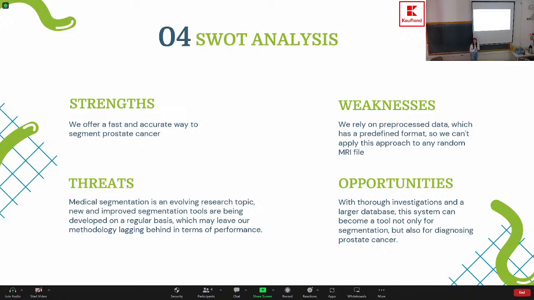New improved segmentation tools are being developed on a regular basis, which may leave our methodology lagging behind in performance. And opportunities: with thorough investigations and a larger database, the system can become a tool not only for segmentation, but also for diagnosing prostate cancer by also using texture analysis afterwards or something like this.